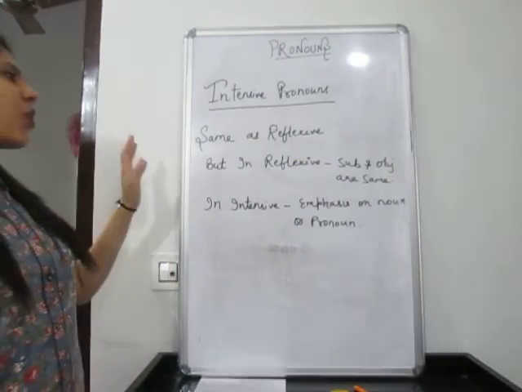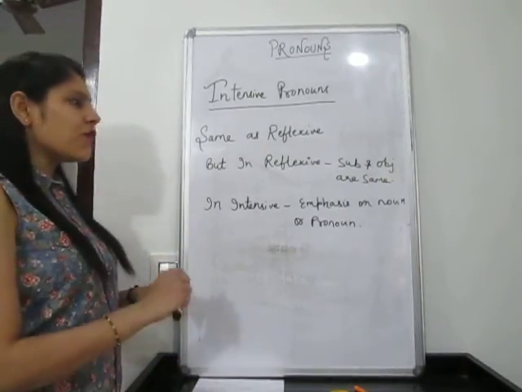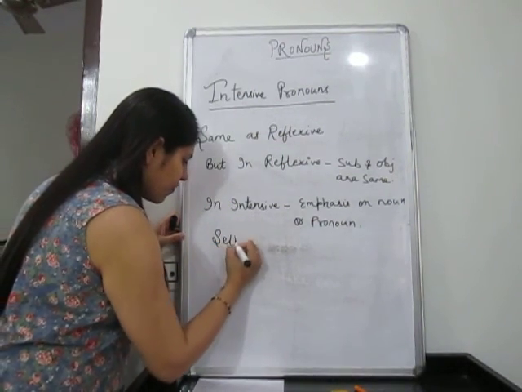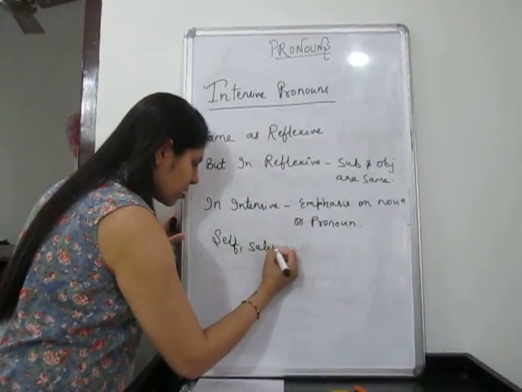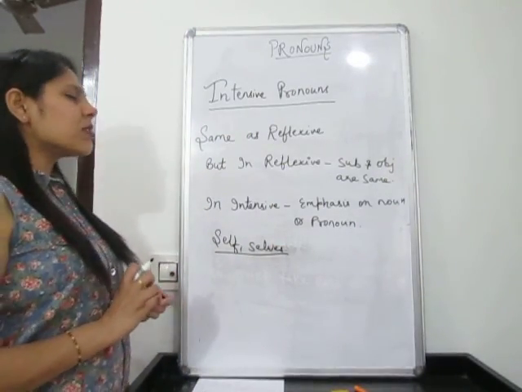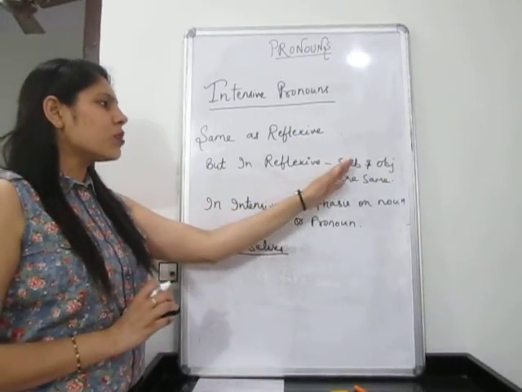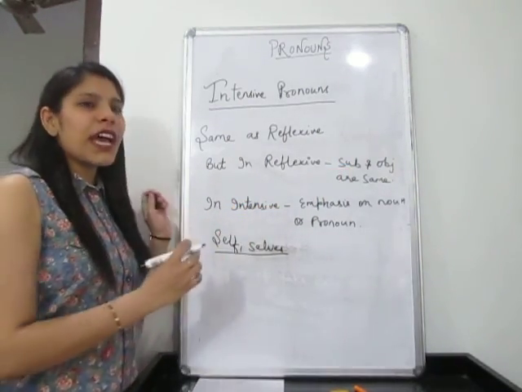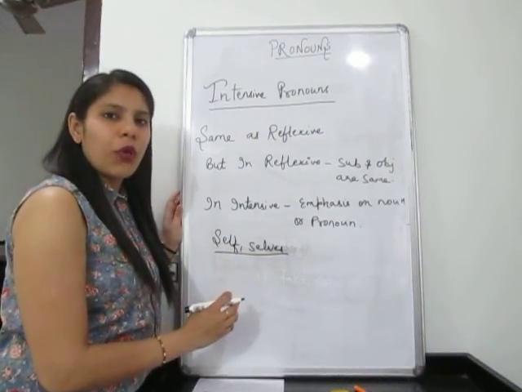Now, intensive pronouns are same as reflexive. We use self and selves with our pronouns in them, right? But the major difference is that students, in reflexive pronouns, subject and object are same, whereas in intensive the emphasis is on noun or pronoun, right?